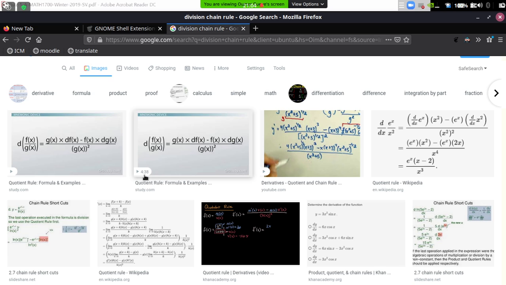Is it root pi? Root pi over pi? Yeah, you got it.